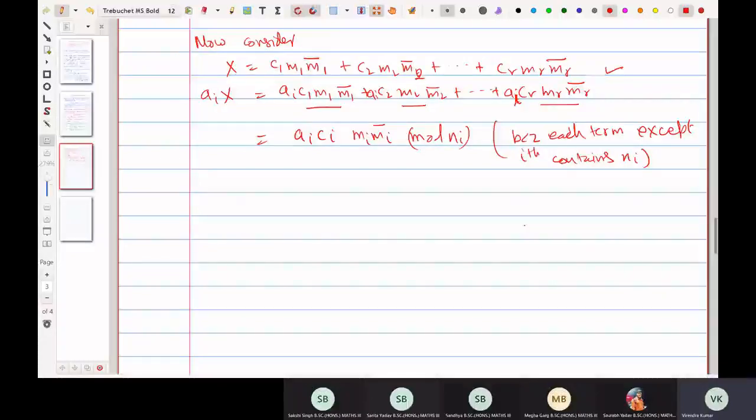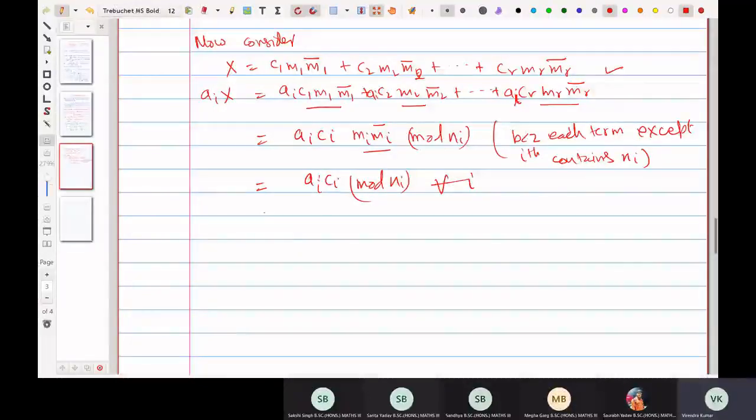And also now you see that Mi and Mi bar under modulo Ni is nothing but 1. Okay, so we have Ai and Ci, and this becomes 1. So we can write Ai Ci modulo Ni, and this is true for all i.